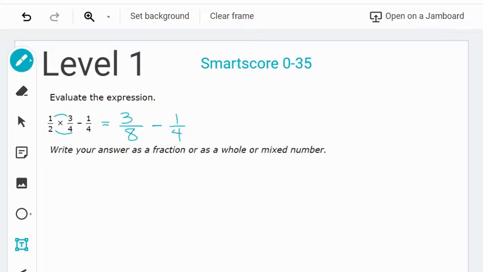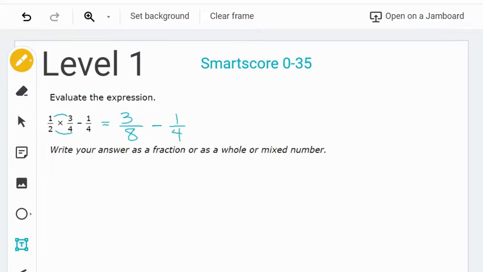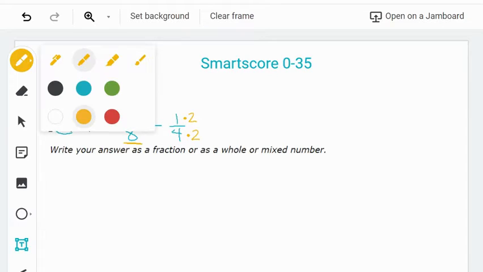Now, the tricky part is working with adding and subtracting fractions. So 1/4, we need to make it so that it also has the same denominator as 8. We can do that by multiplying 4 by 2. And how this works is you have to multiply both top and bottom so that it stays equivalent.